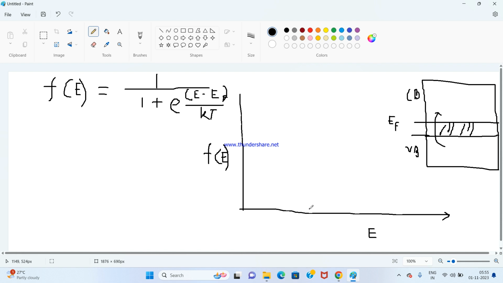So now first talk about T equal to 0, and the energy E greater than EF.